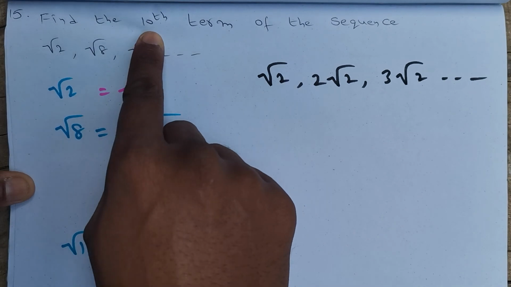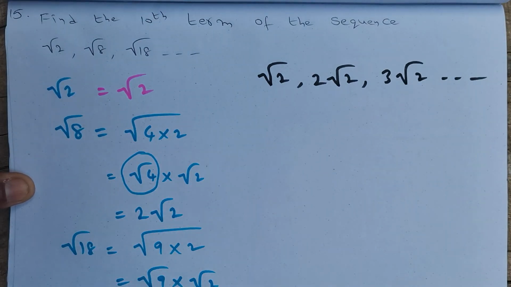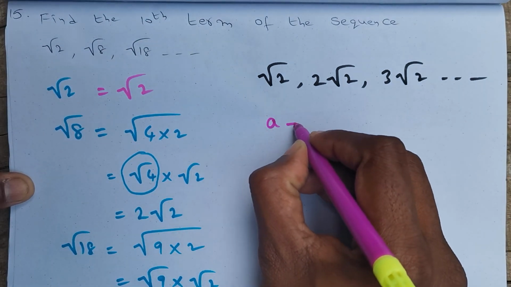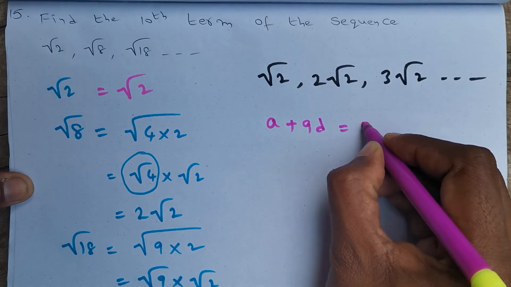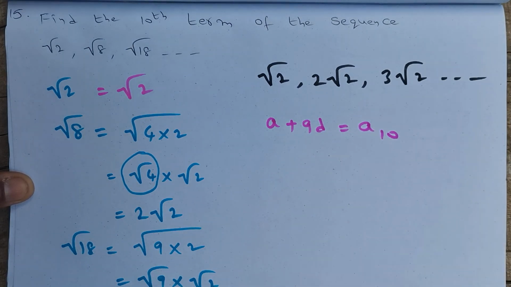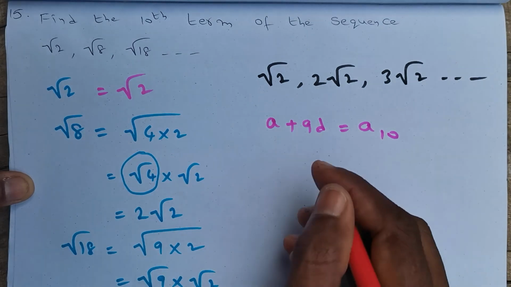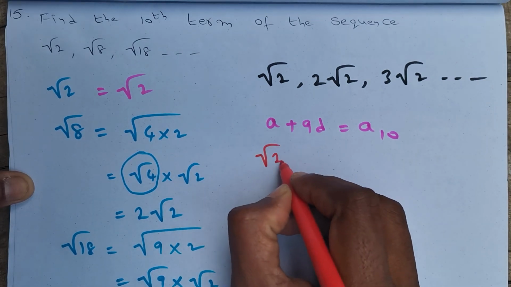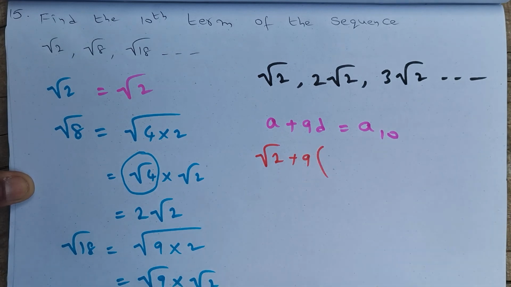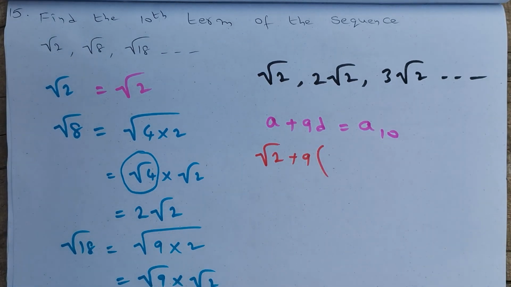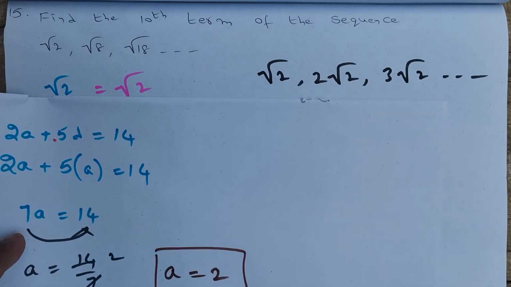Then he is asking for the 10th term. So what is the formula for the 10th term? a plus 9d, that is nothing but the 10th term, a10. a is nothing but the first term. So here the first term is root 2 plus 9 into, what is the common difference? Let us observe the common difference here.